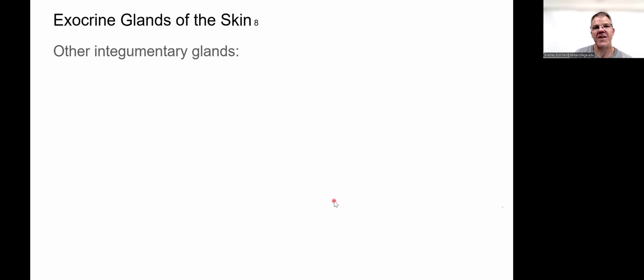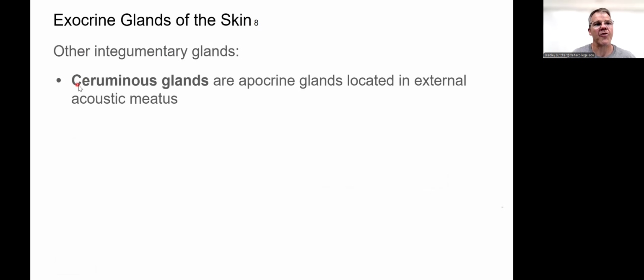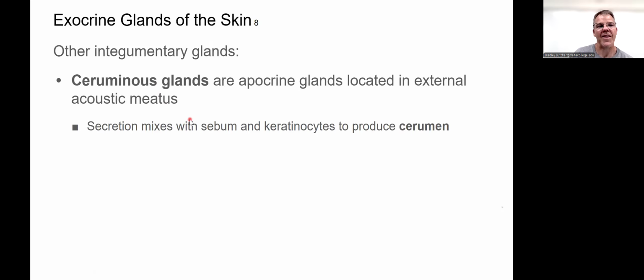Some other integumentary glands of the skin, lesser known or lesser prevalent. We talk about the ceruminous glands, which are apocrine glands located in the external acoustic meatus. So we haven't talked about this yet, but acoustic is sound, meatus is this area right here. So these ceruminous glands are actually what is producing that thick substance that we might refer to as earwax.